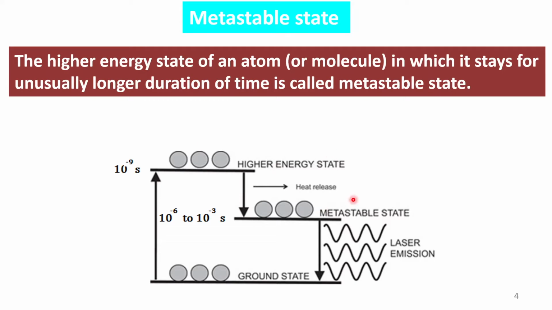Now see here, this is the energy level diagram, in which we can see the lower energy state, which is known as the ground state energy level, and the upper energy state, which is known as the excited energy level. And in between these two states there is one state which is known as the metastable state.